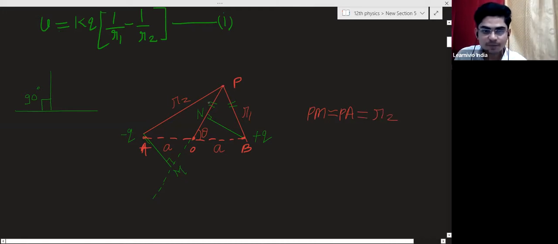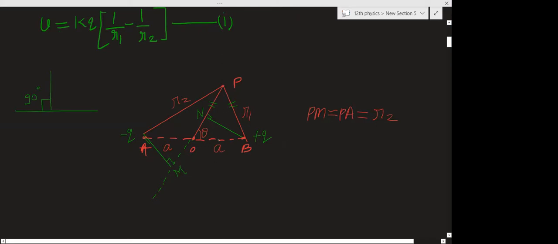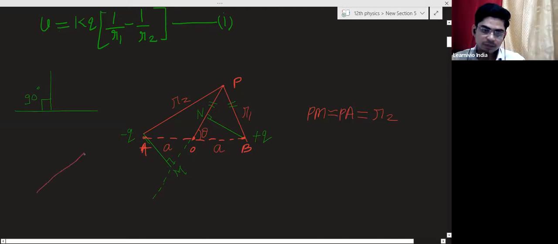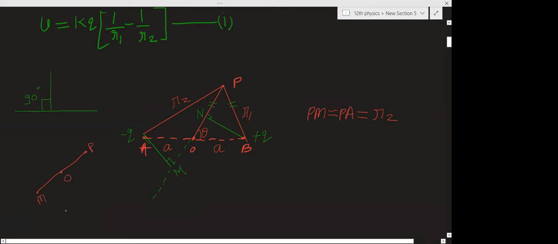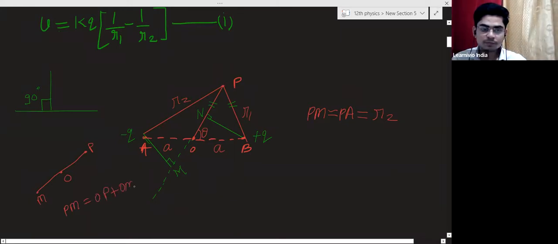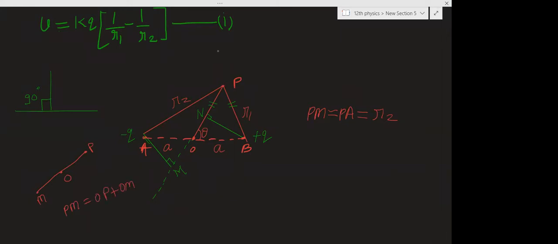This is point P, this is point O, this is point M. So can I write PM equal to OP plus OM? Yes. Fine.